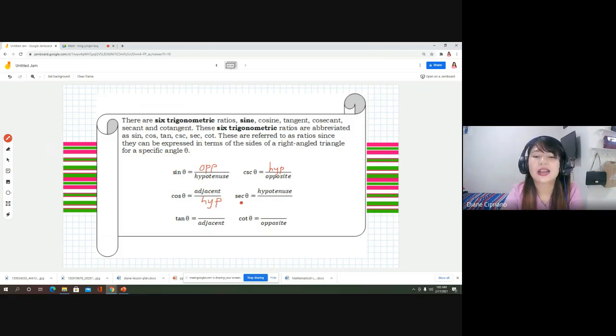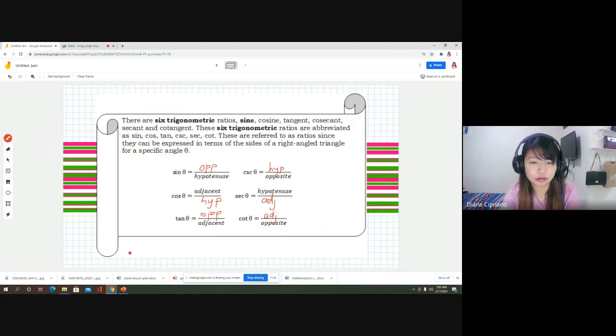And its reciprocal, secant, is hypotenuse over adjacent. And for tangent, the Toa, it is opposite over adjacent. And its reciprocal, cotangent, is adjacent over opposite.